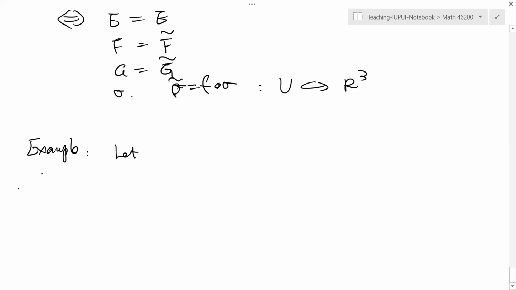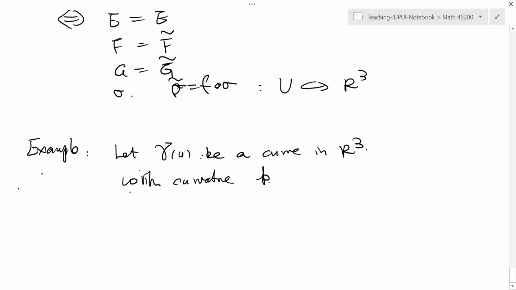Example. Let gamma(u) be a curve in R3, with curvature k(u).